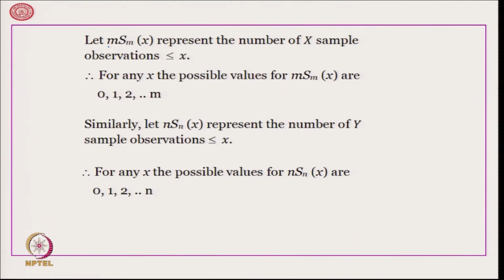So, let m S m of x represent the number of x sample observations less than or equal to x, and therefore, m S m x will take the values 0, 1, 2 up to m. In a similar way, n S n x, which is with respect to the y observations, will take the values 0, 1, 2 up to n.